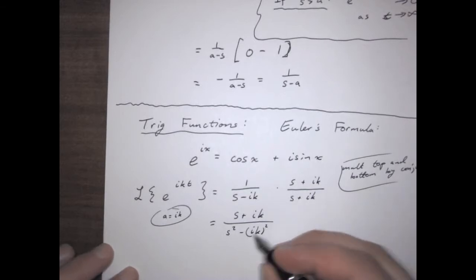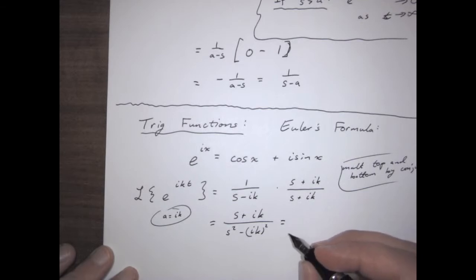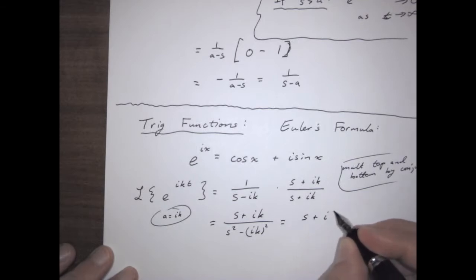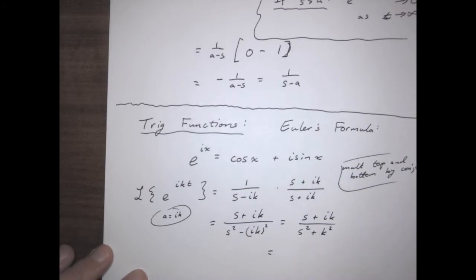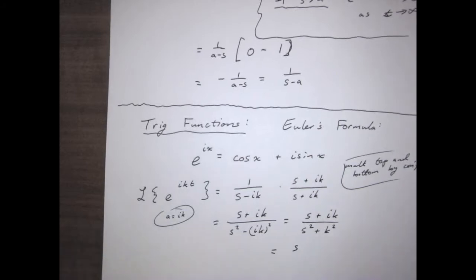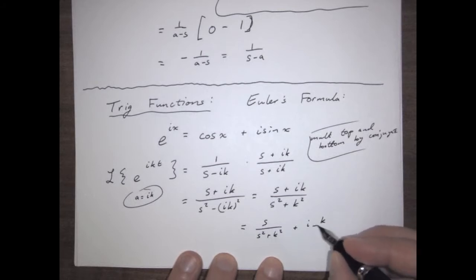But the whole point of i is that when you square it, this becomes negative 1, so this is going to be s plus ik over s squared plus k squared, which is going to equal s over s squared plus k squared plus i times k over s squared plus k squared.